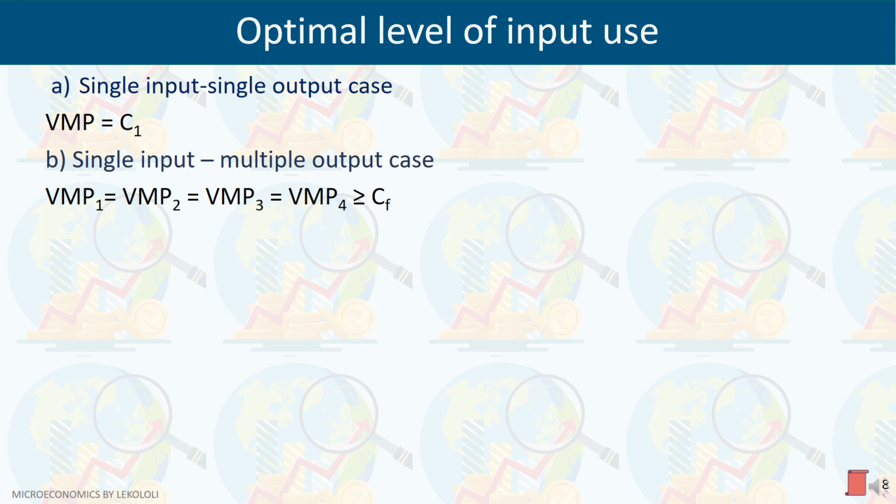Now, when we want to find the optimal level of input use, we look at how changes in input quantity affect profit. We use calculus and find the point where the change in profit with respect to the change in input becomes zero. In simple terms, this means that we are looking for the input level where your profit is not increasing or decreasing. It's maximum.